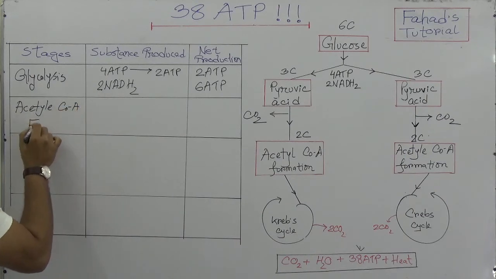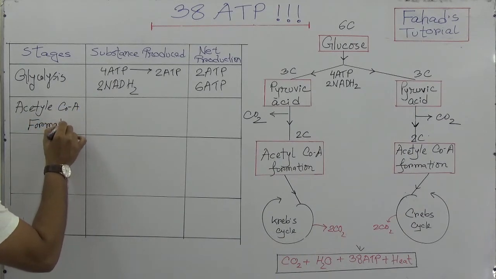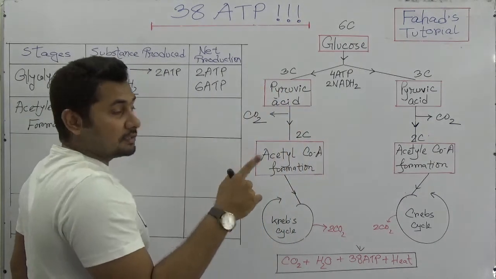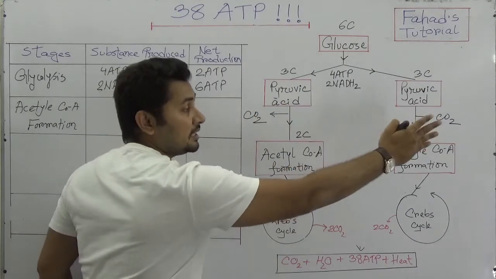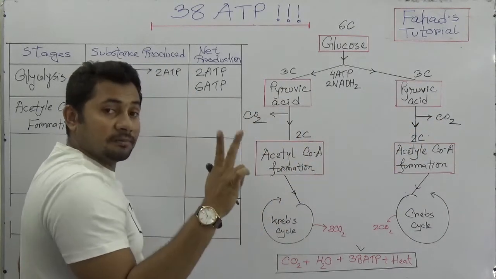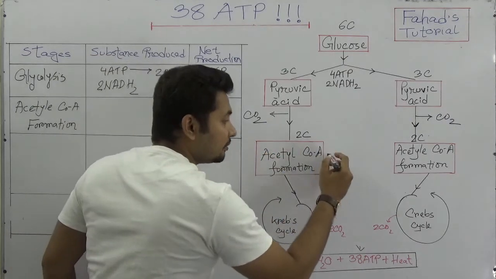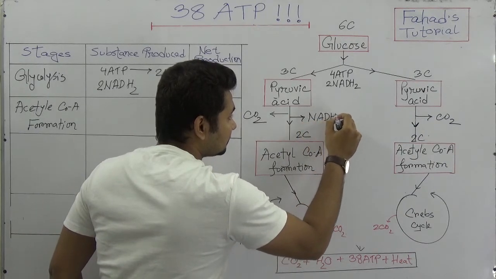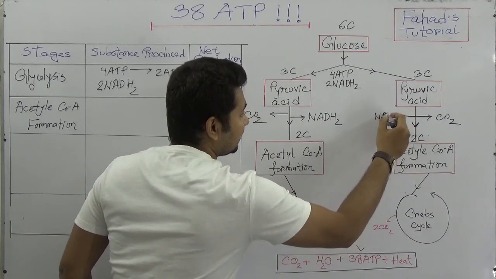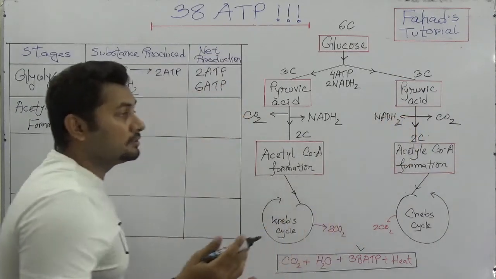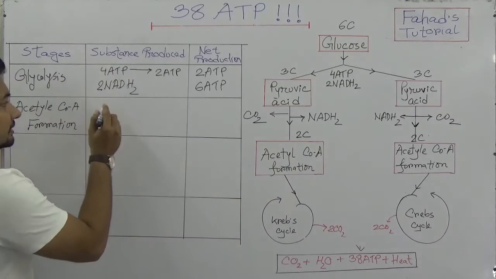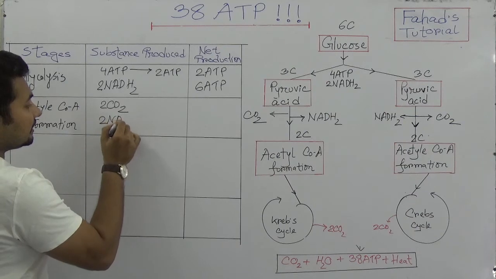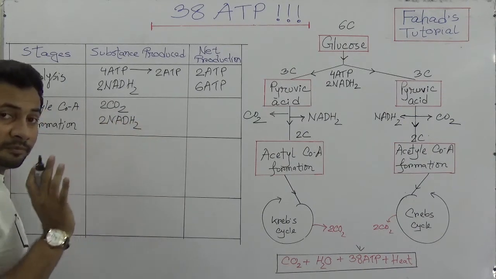Number 2, acetyl-CoA formation. In this step, what is going on? If you can remember, in both cases pyruvic acid will lose 1 carbon dioxide from each side, and then it will produce 2 carbon acetyl-CoA, and in both cases 1 NADH2 will be produced. So altogether 2 carbon dioxide and 2 NADH2 will be produced.